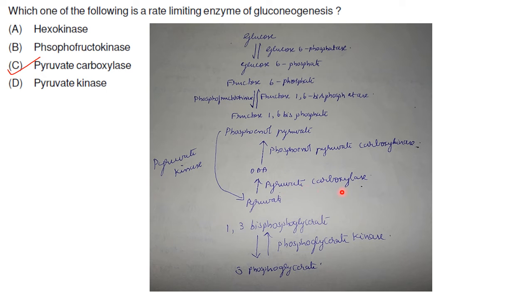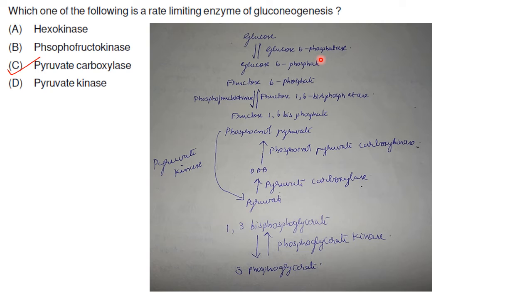You need pyruvate carboxylase to convert to OAA and phosphoenol pyruvate carboxykinase to convert to phosphoenol pyruvate. Then the other, fructose 1,6-bisphosphatase: even though it is a reversible reaction, the forward and reverse reactions are catalyzed by different enzymes. So fructose 1,6-bisphosphate is converted to fructose 6-phosphate by fructose 1,6-bisphosphatase, and fructose 6-phosphate to glucose 6-phosphate, and glucose 6-phosphate is converted to glucose by glucose 6-phosphatase.